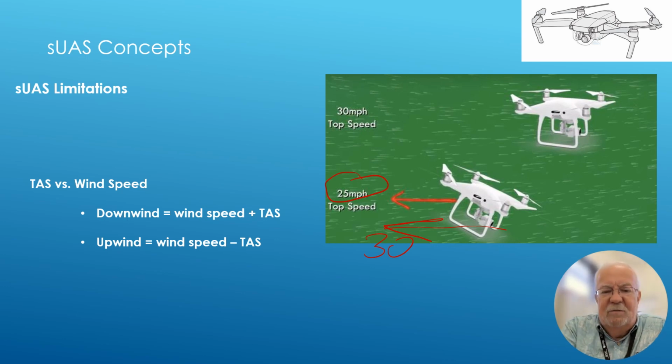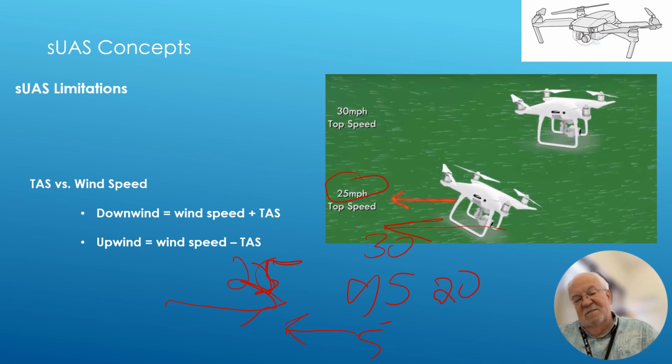But if you're flying this way at 25 miles an hour and there's a 5 knot wind blowing against you, your ground speed, or GS, is going to be 20. I think I said 25 here, right? 20. So it's going to be slower. Okay, still not that big a deal, but it does become a big deal.